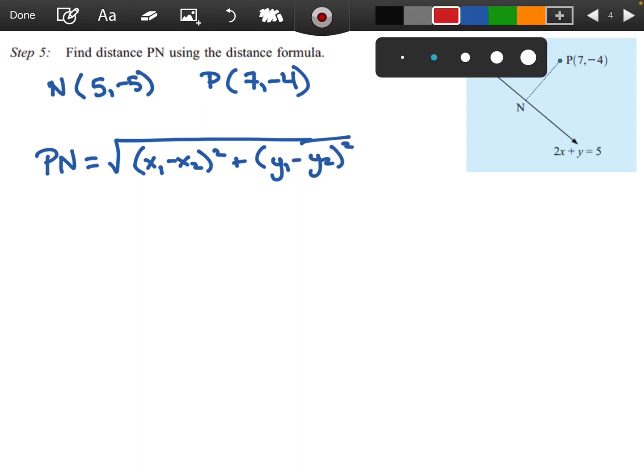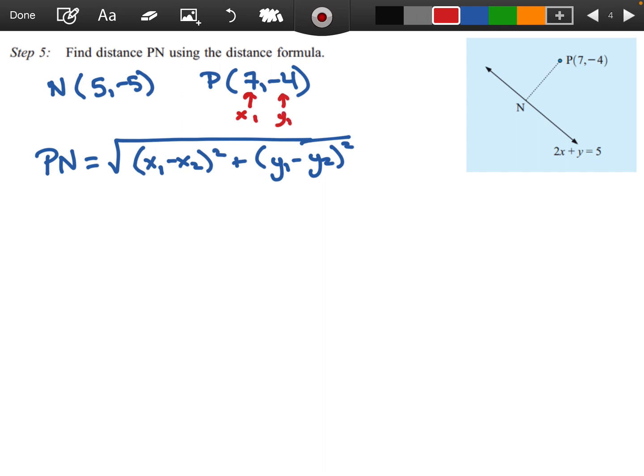So then I'm going to arbitrarily make this x1, y1, x2, y2. Again, you could just as easily flip those around and do them in the opposite way. Done correctly, you'll get the same answer.